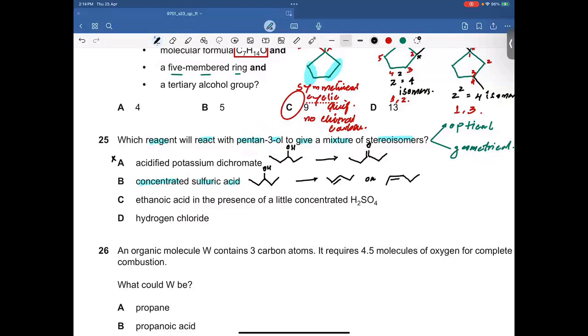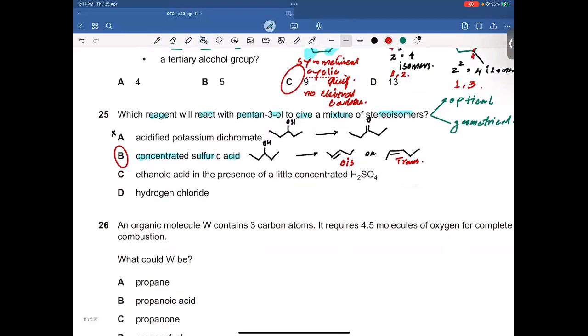So this is going to be your cis, and this is going to be your trans. So from B, I can get geometrical isomers, which means B is going to be the right answer.